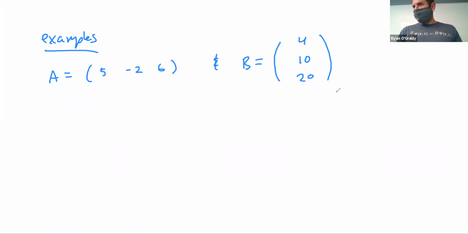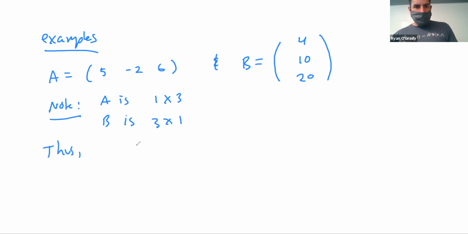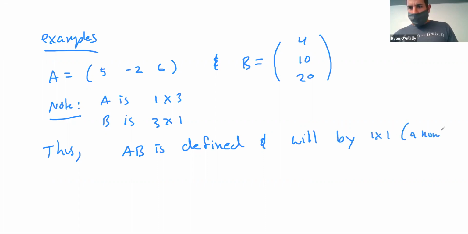This is perfect. Note A is 1 by 3. B is 3 by 1. Thus, AB is defined and will be a number. A 1 by 1 matrix is just a number.